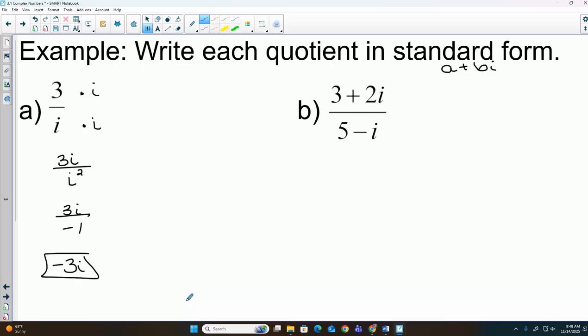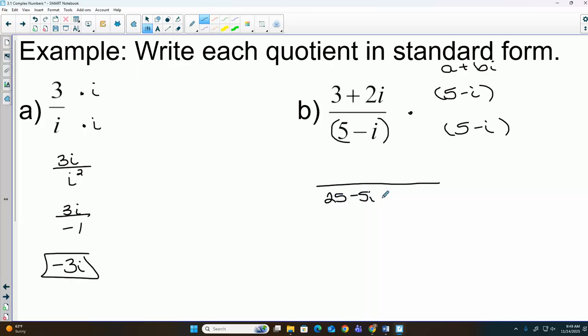All right, so for B, if I have 3 plus 2i over 5 minus i. You said multiply by 5 minus i. If I do that on the bottom, what would you have to do to multiply this? FOIL. So you would get 25 minus 5i minus 5i plus i squared.